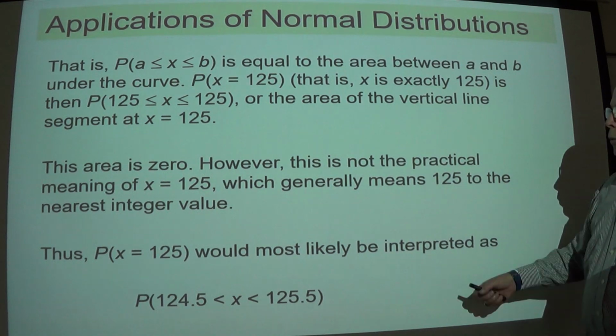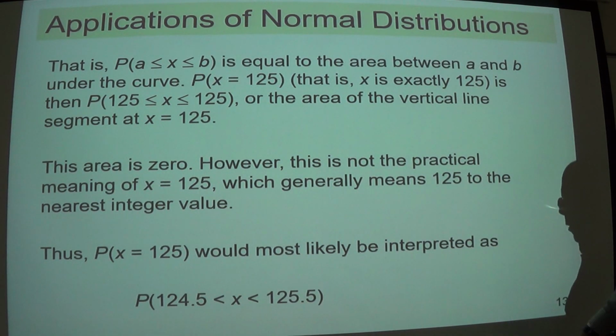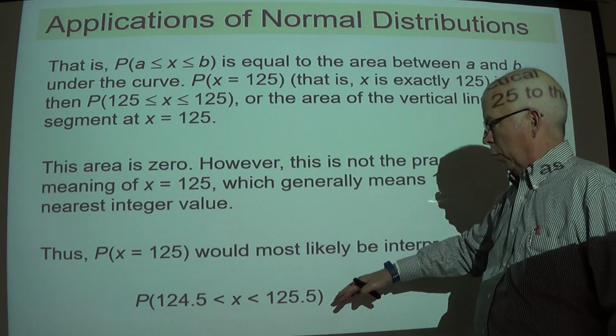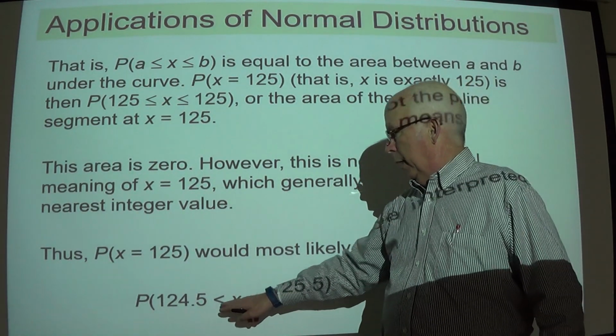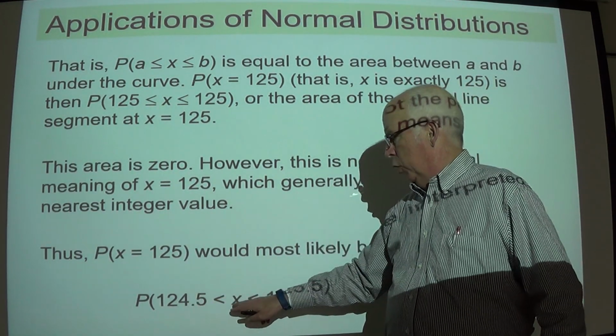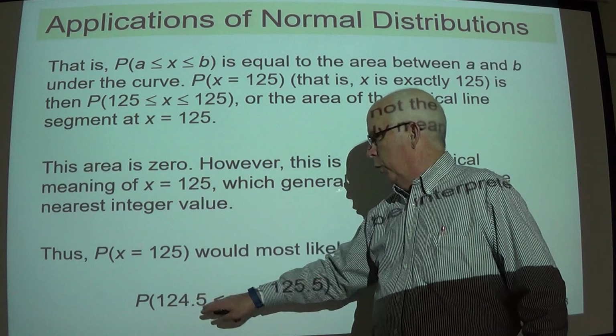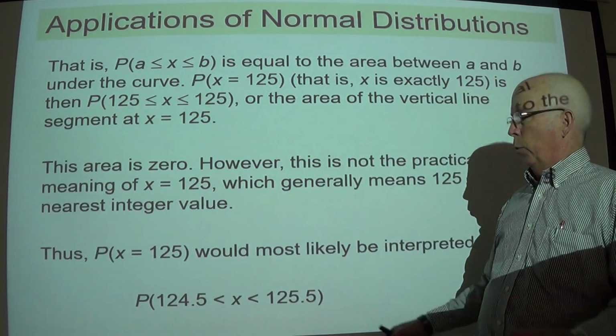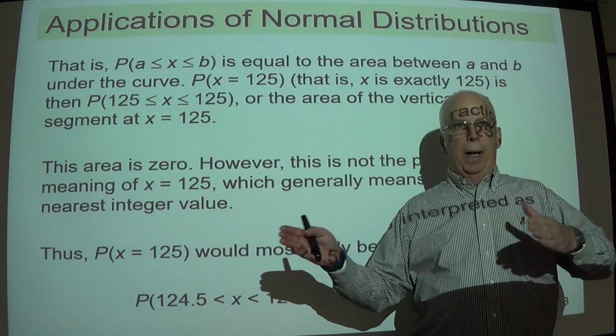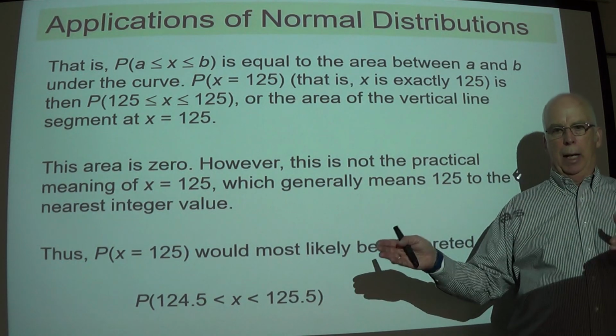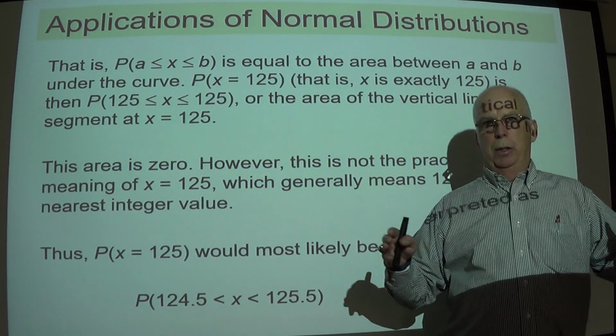So what we're going to do, in a nutshell here, and I'm breezing through this, is our 125 measurement is going to take that area between 124.5 and 125.5. So we're just going to go half a point either side of whatever that score is to give us an area.